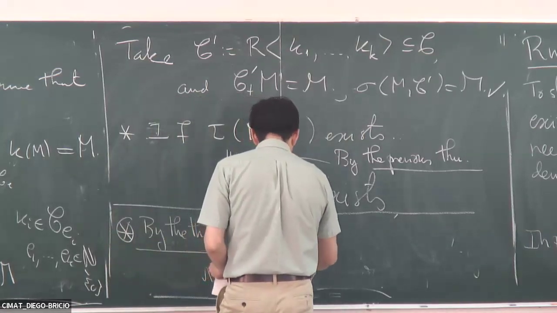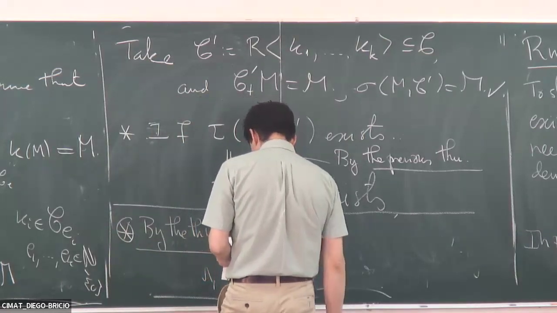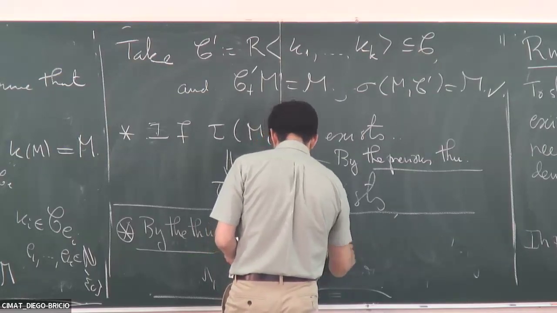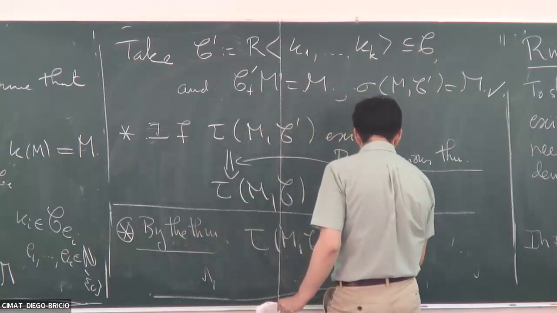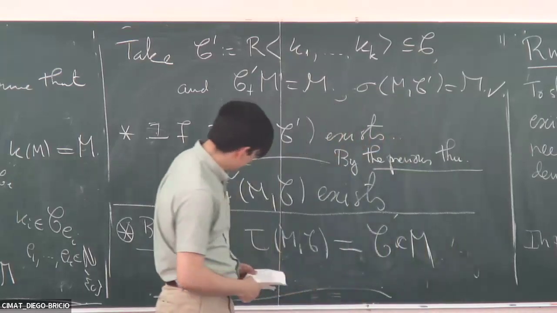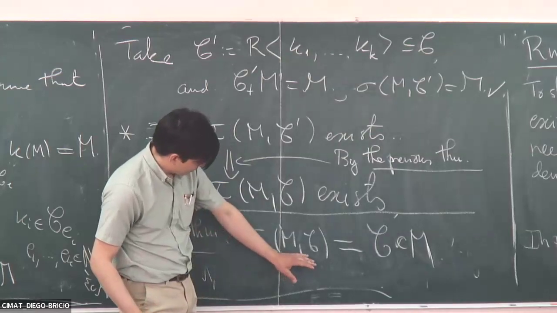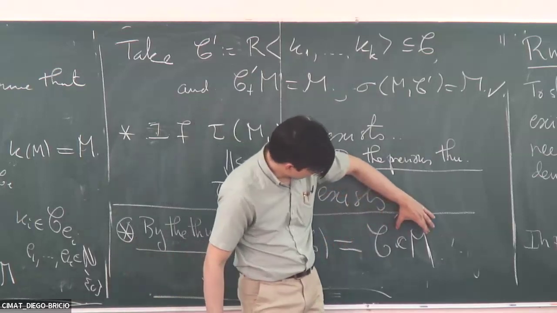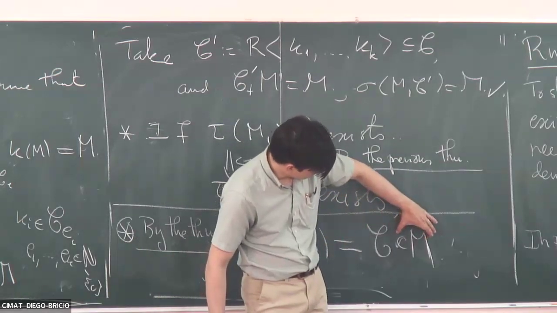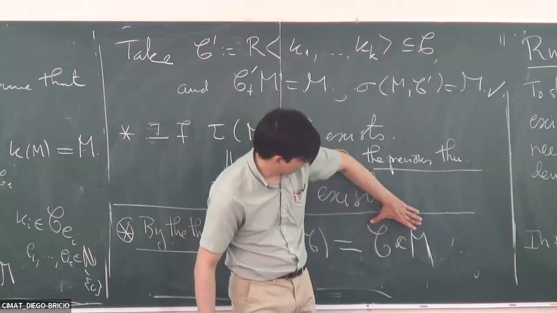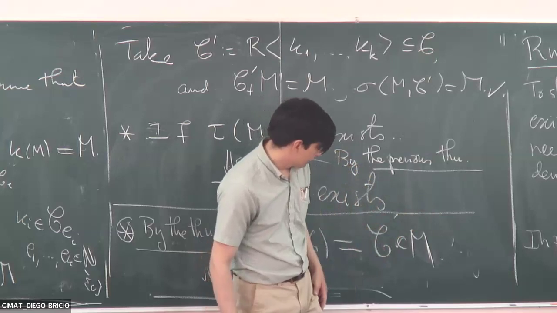Tau of M and C, I guess you can say it's equal to C applied to C M. Right? Here I'm saying that the test module is the Cartier module generated by C M. So you take this module and you just apply this algebra to it, and you get a Cartier module out of it, right?